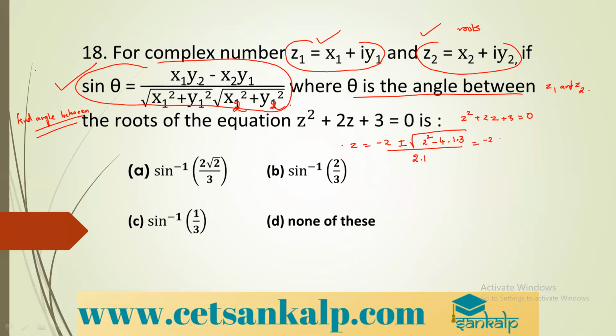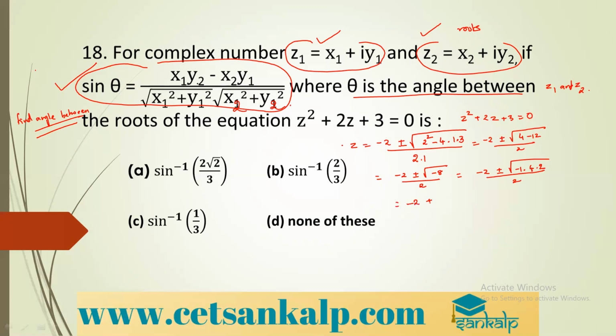That means minus 2 plus or minus square root of 4 minus 12 by 2. That means minus 2 plus or minus square root of minus 8 by 2, which is minus 2 plus or minus square root of minus 1 into 4 into 2 by 2.